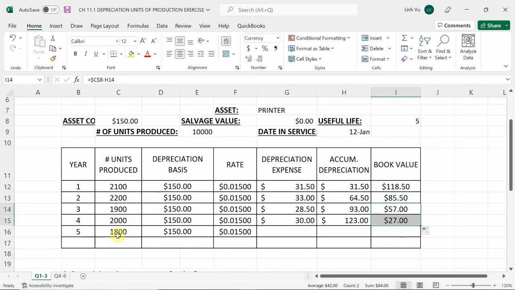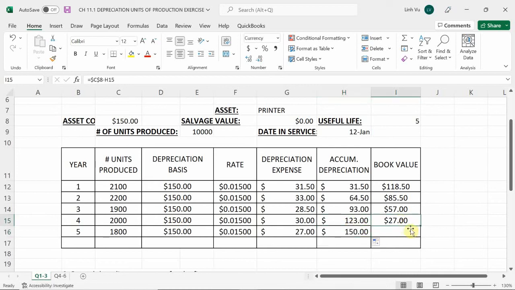If I produce 1,800 units in year 5, what is my expense for year 5? $27. Okay, what's my accumulated? 150.